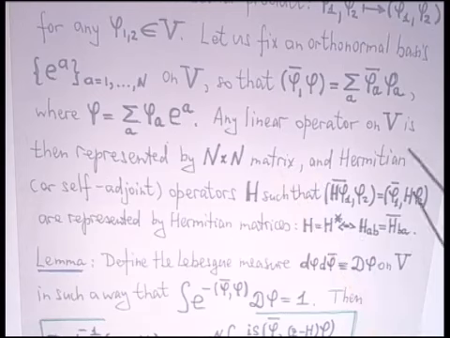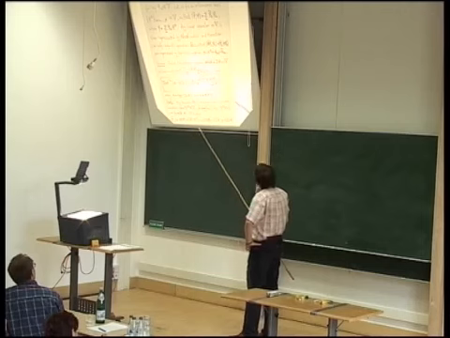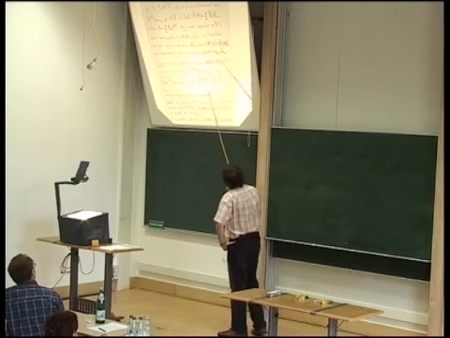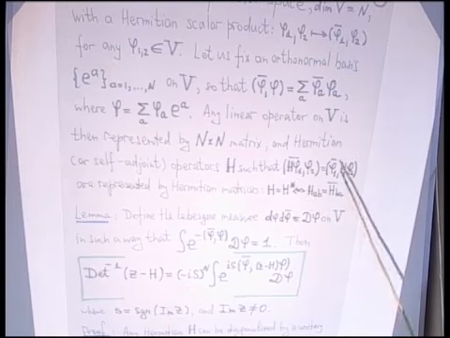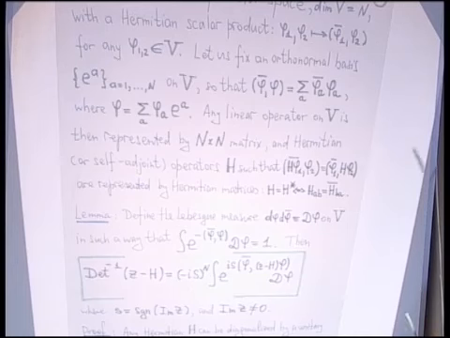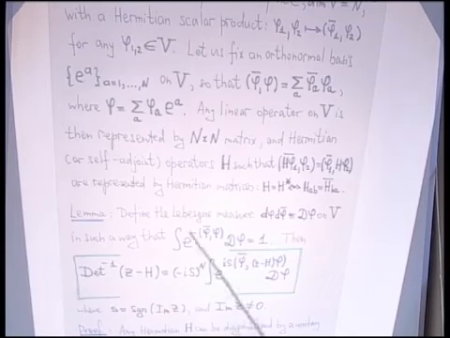So any linear operator acting in this space, mapping this space to itself, can be represented by a matrix of size n by n, the dimension of the space, and Hermitian or self-adjoint operators are defined precisely in this way using the definition of this inner scalar product, and they are represented by self-adjoint or Hermitian matrices.